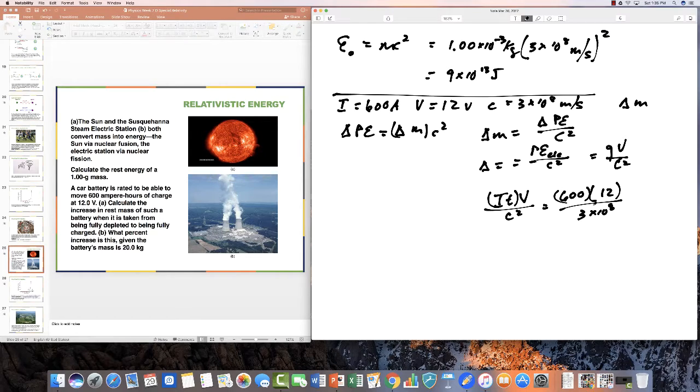So if you do all this and change hours to seconds, then you end up with an answer of 2.88 times 10 to the minus 10 kilos. This is amps per hour, so you have to multiply this by 3,600 seconds. And once you do that, that gives you proper units, and you end up with this as the change.